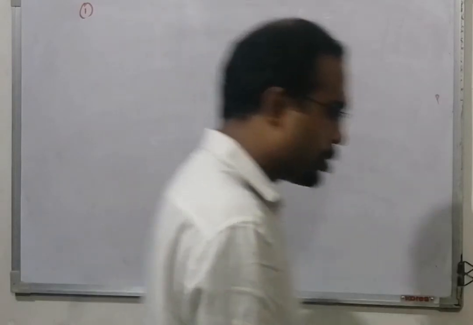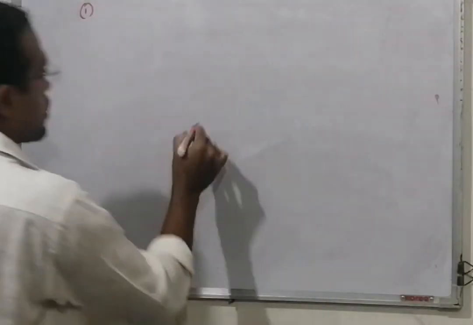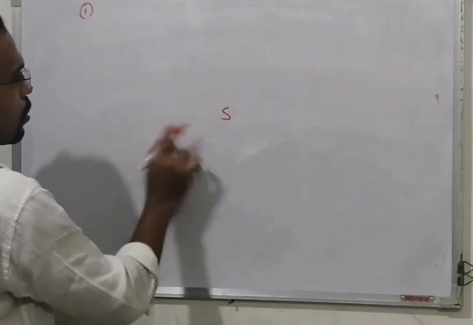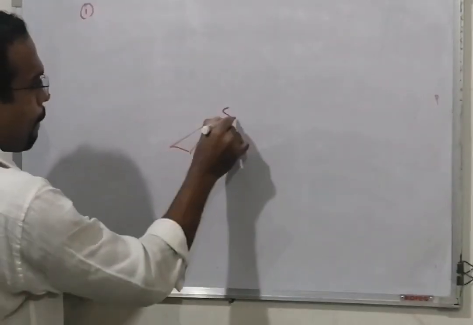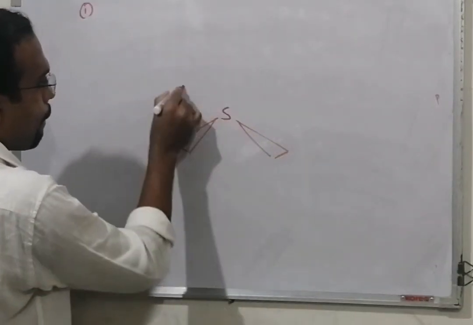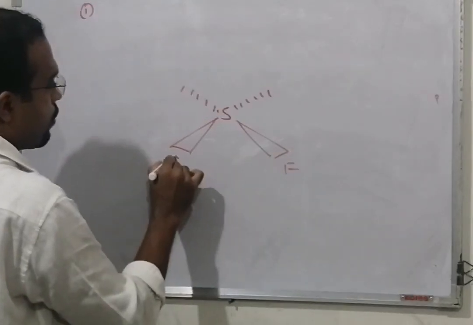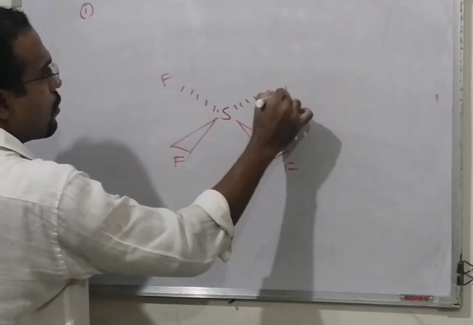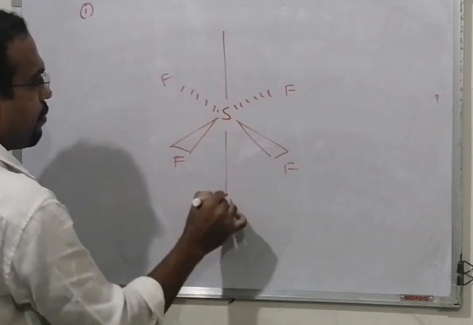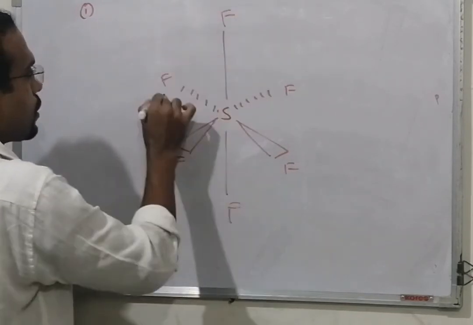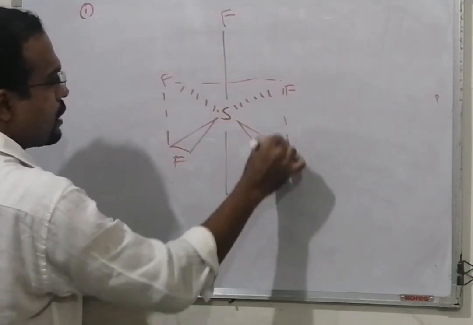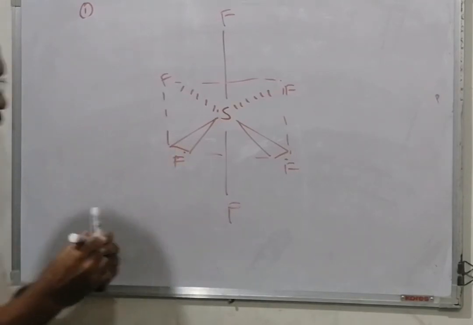Now, your octahedral geometry. What is octahedral? This is your octahedral, SF6.